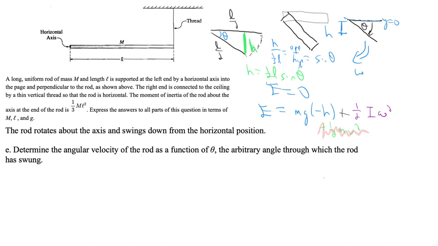From here on out, it's pretty simple. We're going to say that the energy at the start equals the energy that I have. The energy at the start is, of course, 0 kinetic because it's released from rest, and zero gravitational because I have picked my 0 point to be there. You might find that counterintuitive and put it somewhere else. It's a little weird to start at 0 and then be going down.